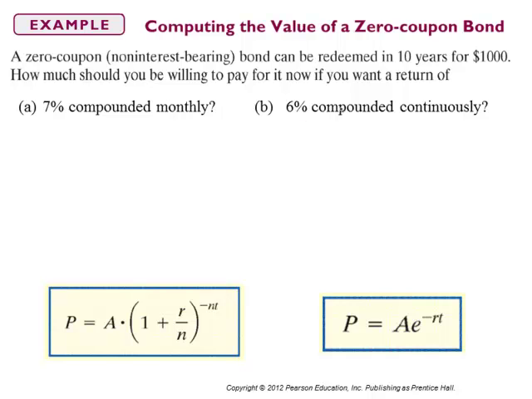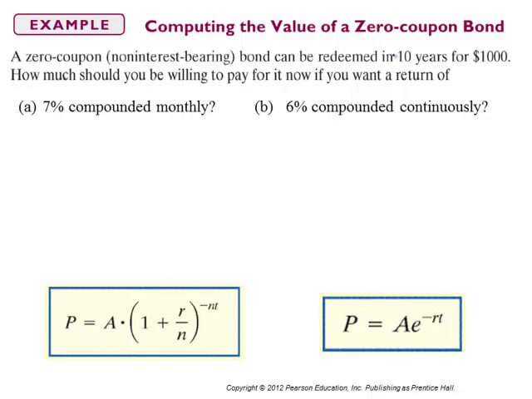Or 6% compounded continuously? Now, you need to make sure that you know what the future amount A is, what the rate of return is, or the interest rate is, R. N is going to be the number of compounding periods per year, and T is the number of years that pass. Do we know all that information in the statement of the problem?